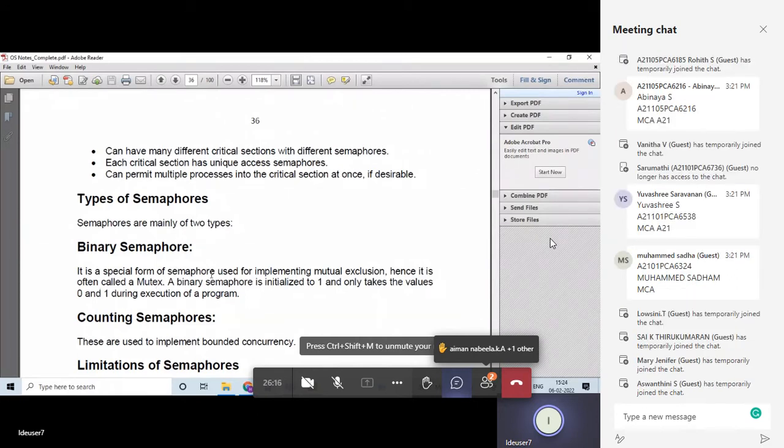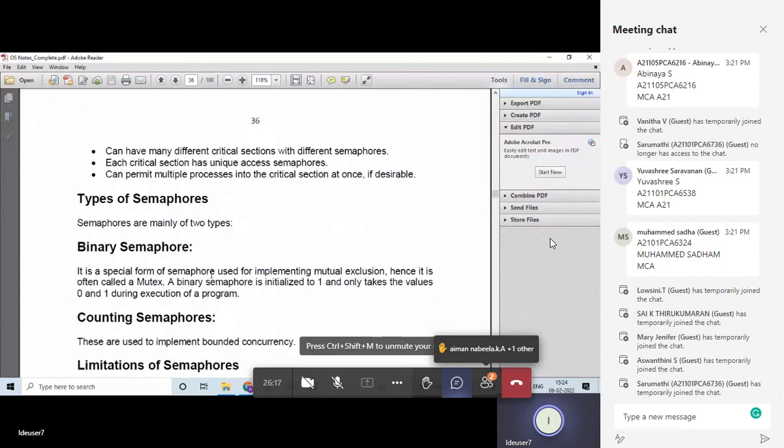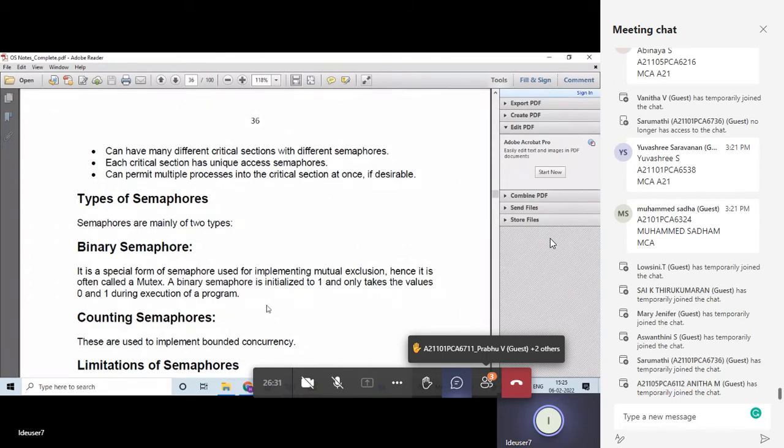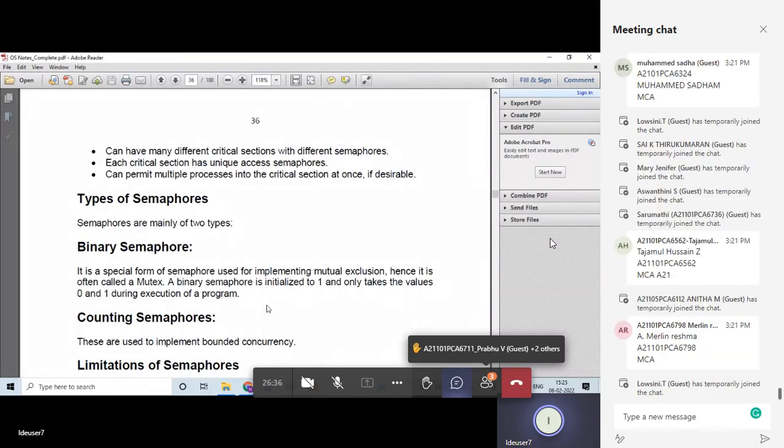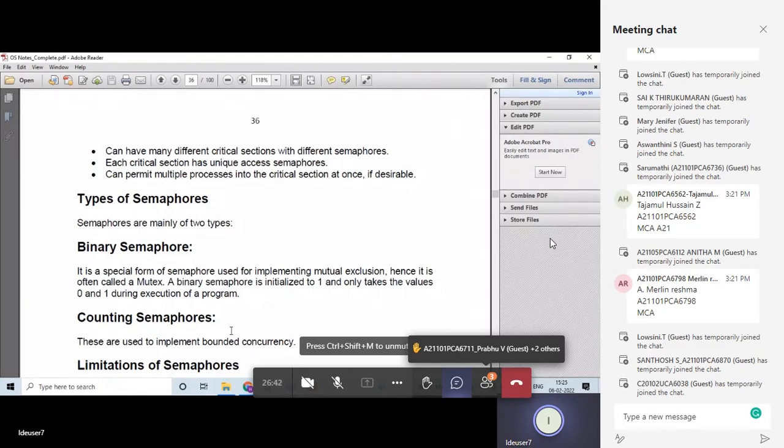It is initialized to 1 and only takes the values 0 and 1 during execution. When it is 0, we have to wait, and when it is 1, it is a signal.